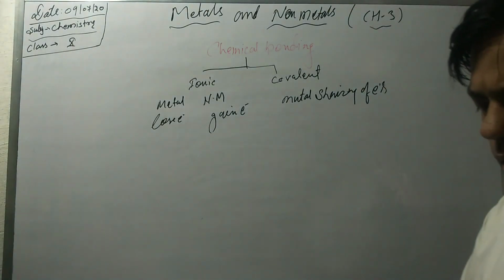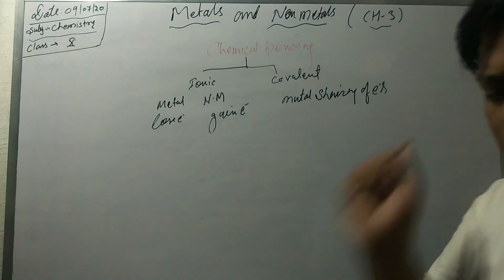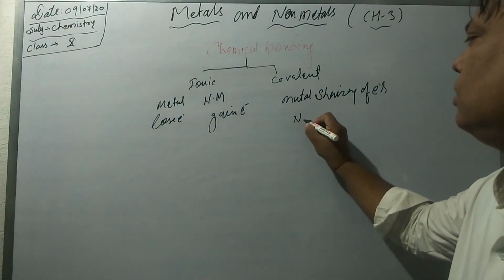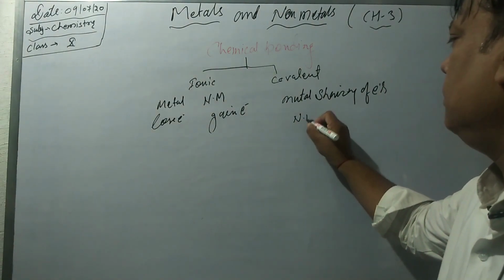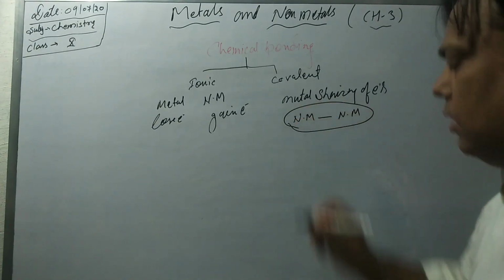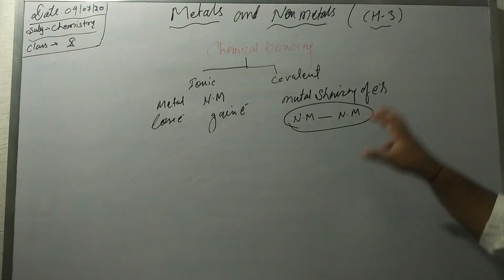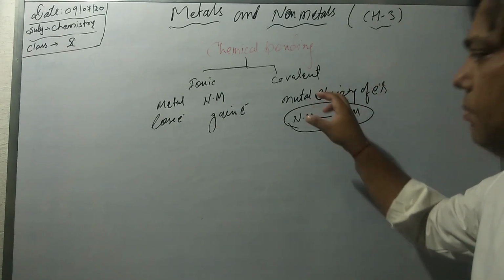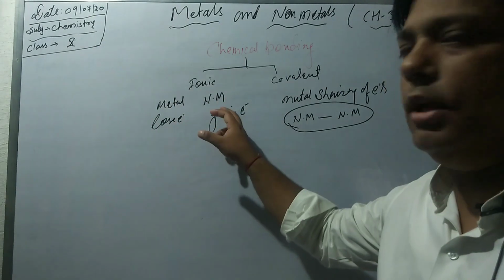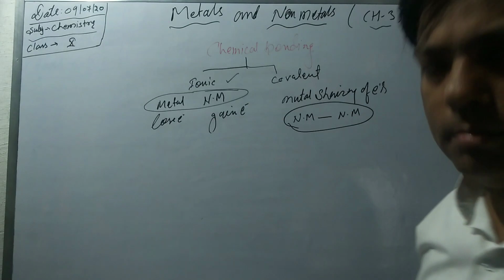Whenever a bond is formed between two non-metals, it is always a covalent bond. And whenever a bond is formed between a metal and a non-metal, then it is an ionic bond.